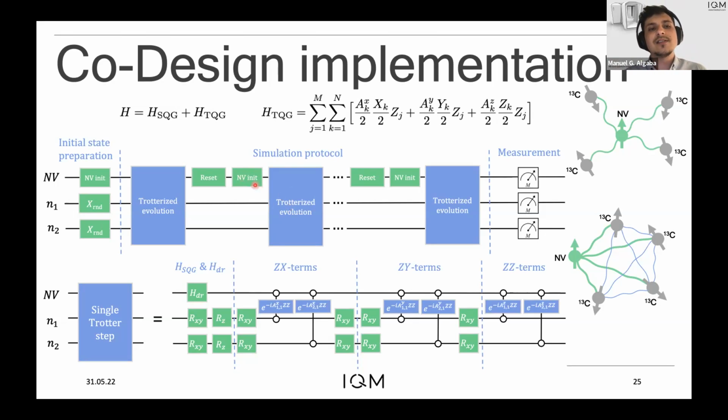So now you create also the plus state in the NV center, you evolve again, and you keep doing this for the number of cycles that you want to simulate. At the end, you only have to measure, as we saw, the Z Pauli for the nuclei and the X for the NV center. So now we know all the magnetization after some time evolution that we performed in this simulation.